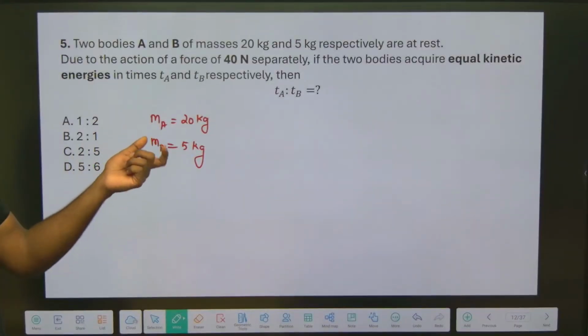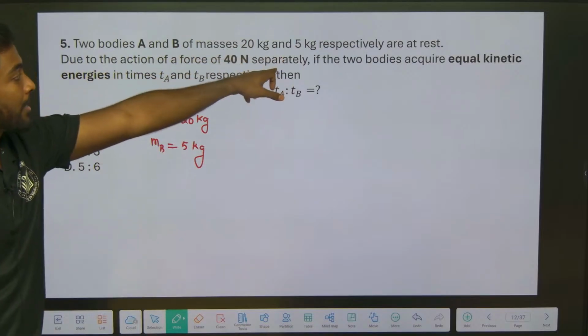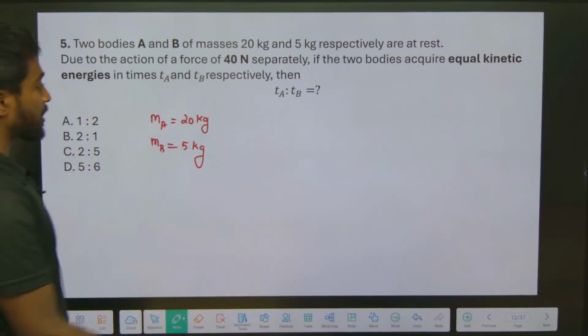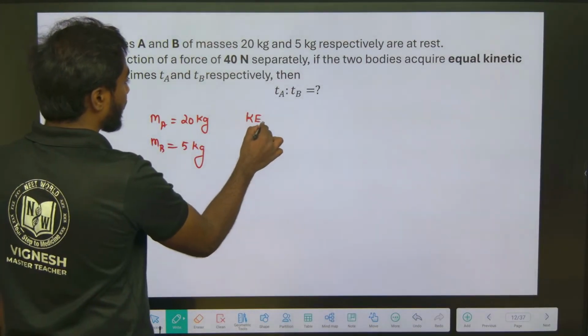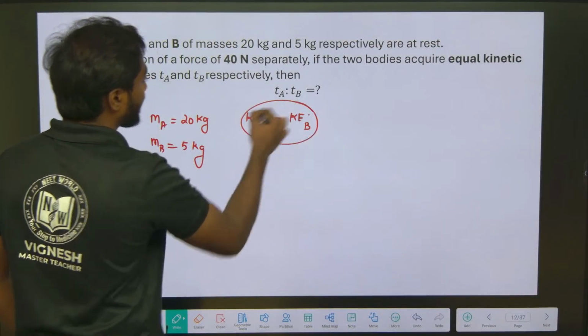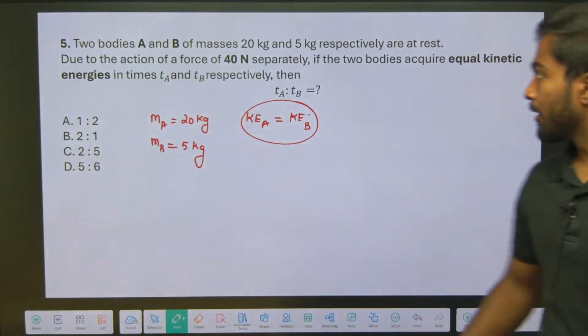So respectively are at rest. Okay, fine. Due to action of the force 40 Newton separately, if two bodies acquire equal kinetic energy, so kinetic energy of A will be equal to kinetic energy of B, right? This is the condition. So what is time A and B they are asking, right?